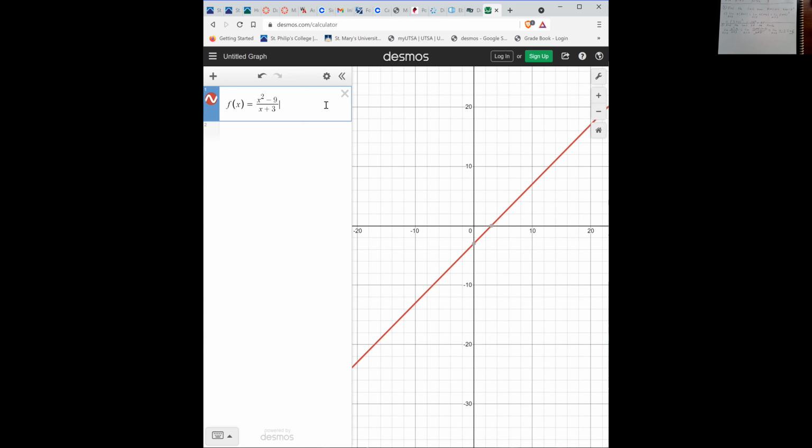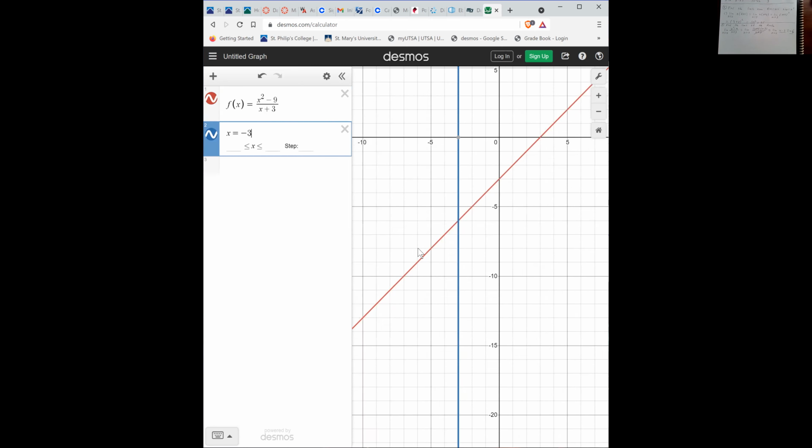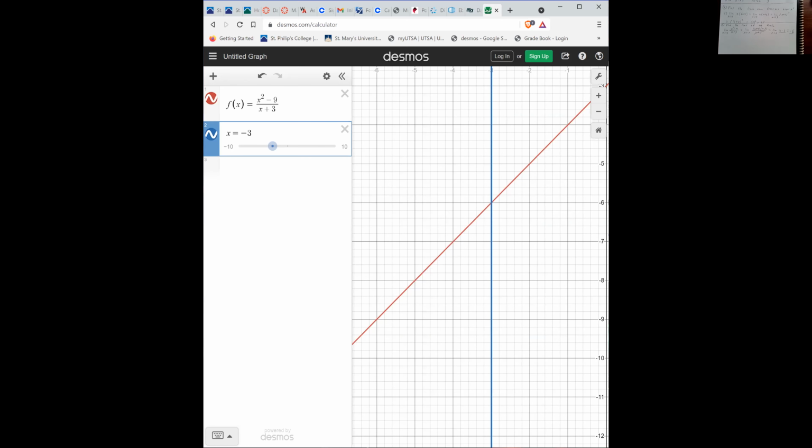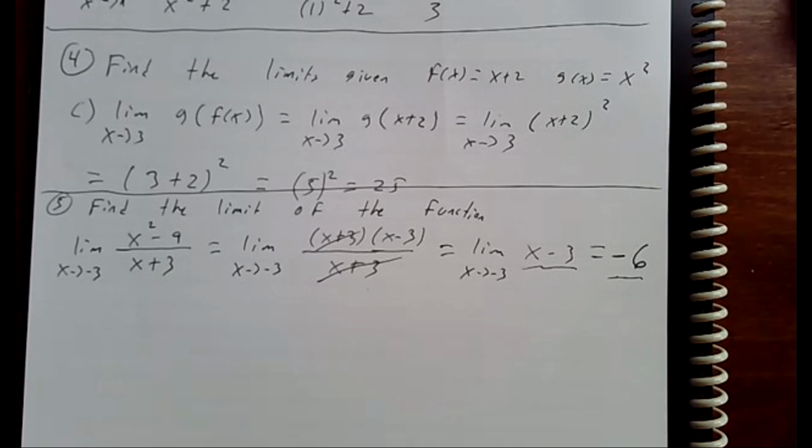So the number they asked for was -3. So let's go ahead and mark that. So there it is, right? If I approach from the left, I'm getting closer to -6. Approach from the right, I'm getting closer to -6. So graphically, it's the same. And we did it analytically on paper. You guys cool with number 5?